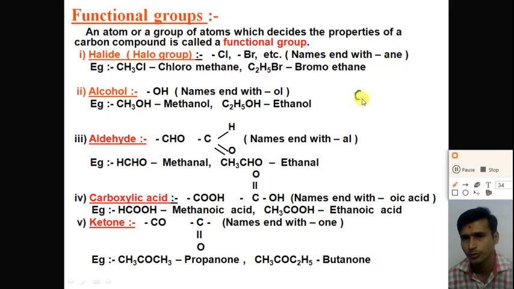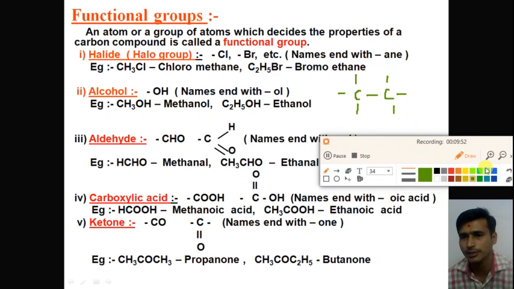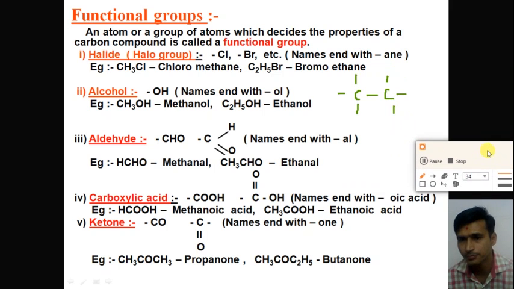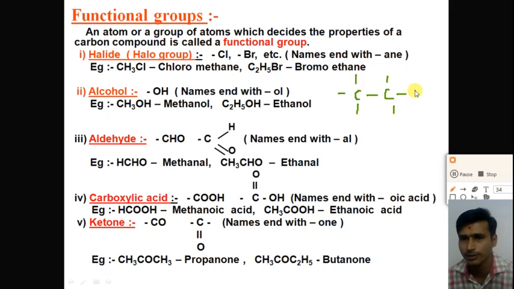So in ethane, two carbons are connected with a single bond, and 6 hydrogen atoms make covalent bonds with the carbon atoms. But if instead of one hydrogen atom, a chlorine atom makes a covalent bond like this, right? The formula is CH3, CH2 and Cl.